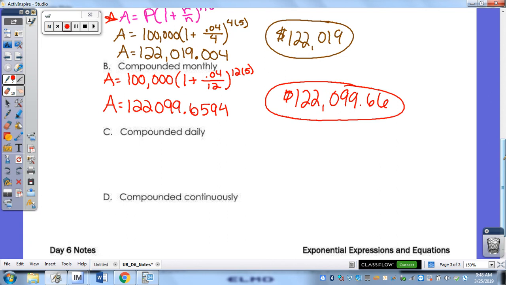So based on that, what do you think will happen if we go daily? A little bit more, probably. So again, same equation, only this time we are going to change from 12 to 365 for our daily. So 100,000 times 1 plus 0.04 over 365, raised to the 365 times 5.